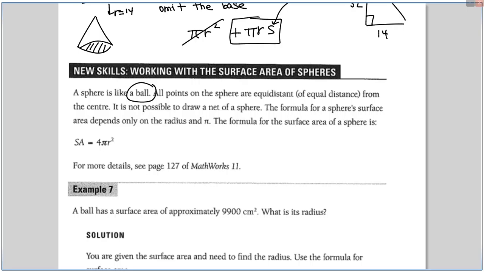So the tennis ball, like any other sphere, it's similar to a circle. Why is it similar to a circle? What makes this thing different than other balls? Like, what's the difference between this and a basketball, other than what it's made of? The circumference, sure.